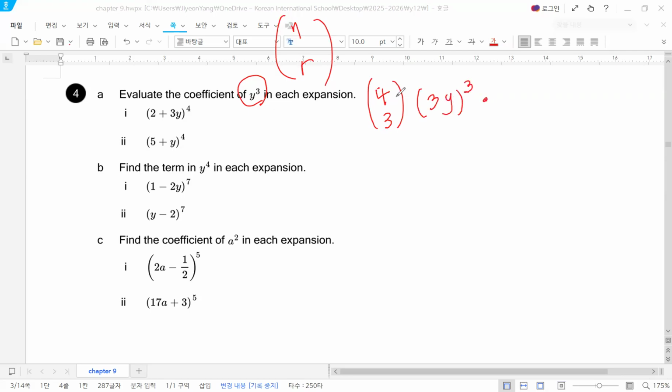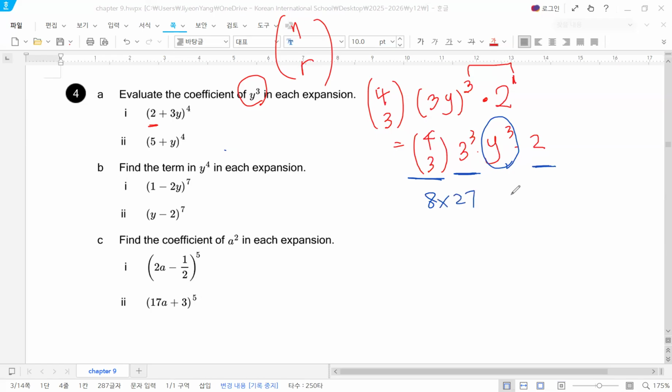And the other term is 2, so 2 to the power of 1 to make it 4 after adding up. Since they ask you to find the coefficient of y cubed, you need to multiply 4C3, 27, and 2. 8 times 27 is 216. Understand?